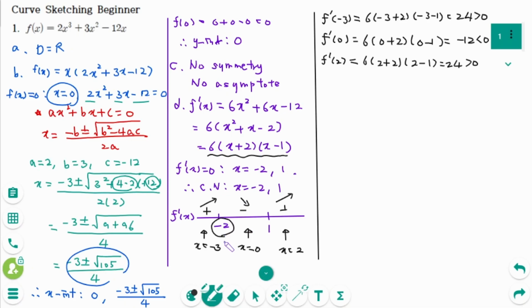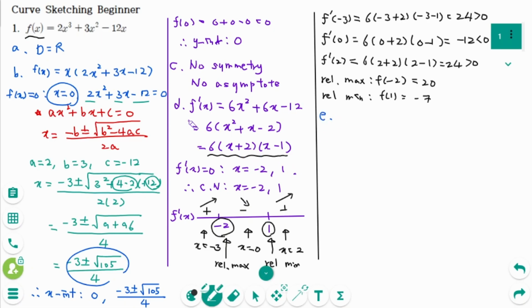Relative maximum is here. Use this. F of minus 2 equals 20, and this one is relative minimum. F of 1 equals minus 7.